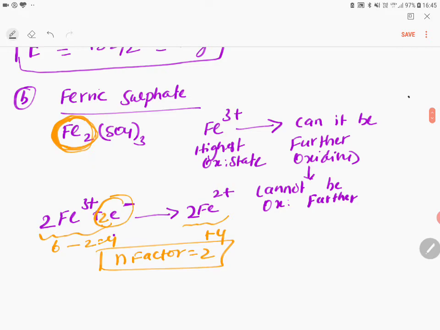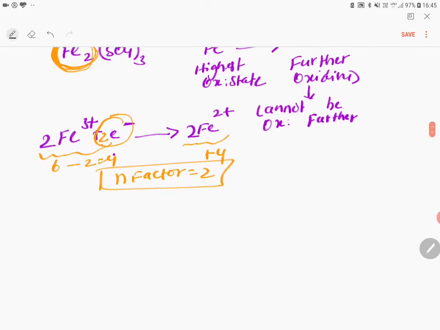Before that, as usual, you have to calculate the molar mass. Equivalent mass of ferric sulfate is equal to molar mass divided by 2. What is the molar mass?